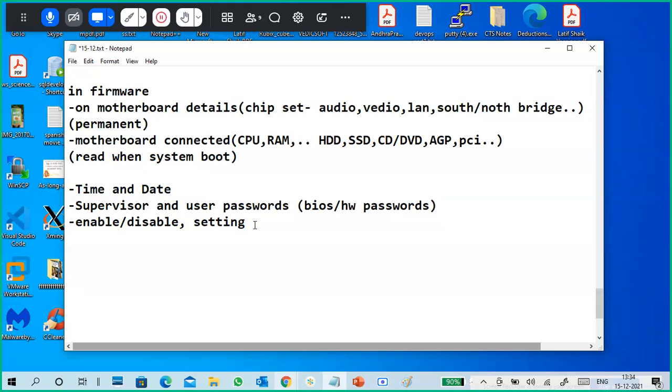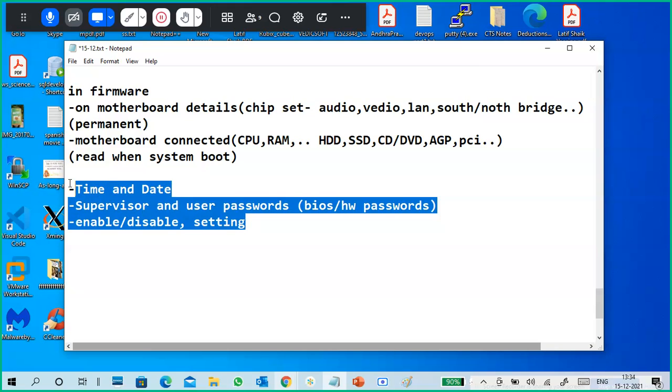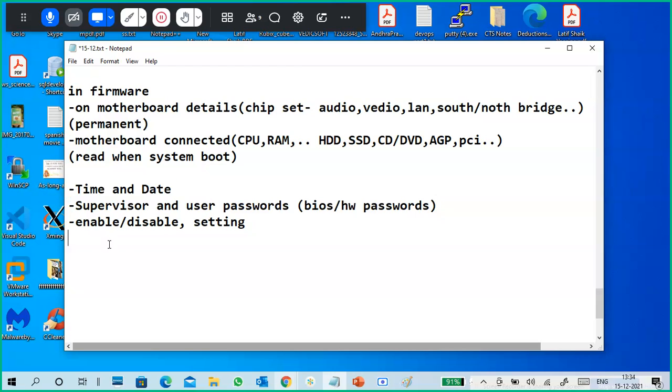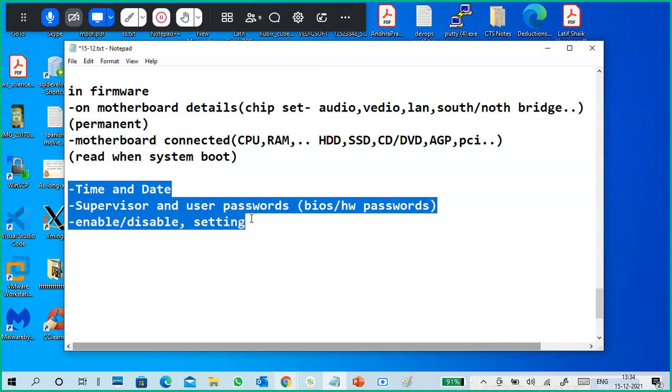Purely temporary means when power is there, the data will be there. When power is off, this data will be gone. Permanent storage is okay, but this one is temporary.